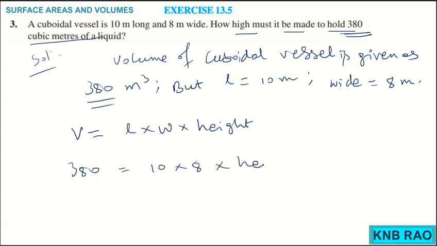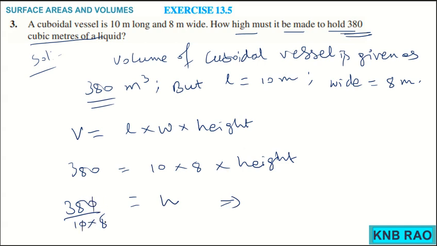We don't know height, so we are writing just height h. So if you want to find out height, you have to divide 380 by this 10 into 8.